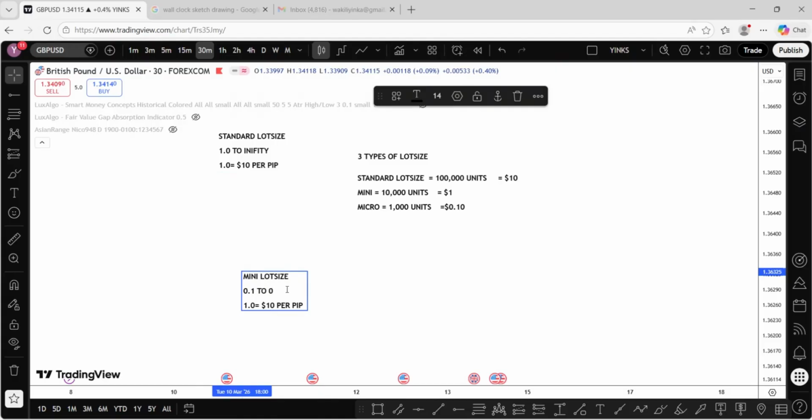To 0.9. So if you're trading between 0.1 to 0.9, you're trading the mini lot size.